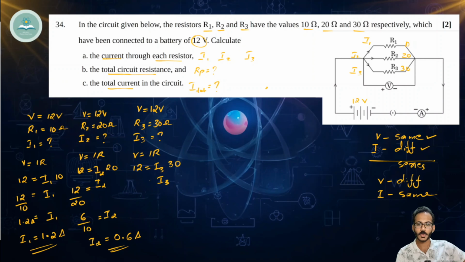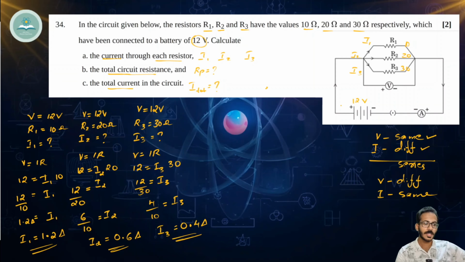So I3 is equal to 12 by 30. 3 4s are 12, so 3 into 10. So I3 is equal to 0.4 ampere. That's it.